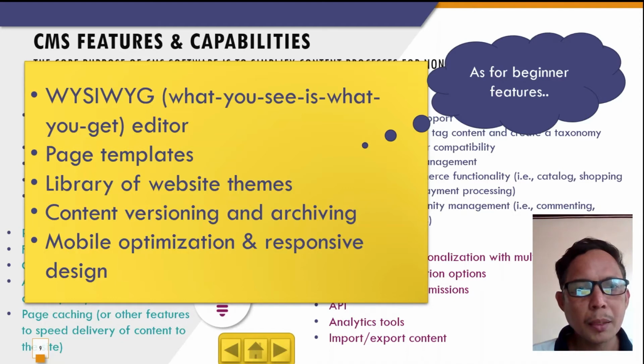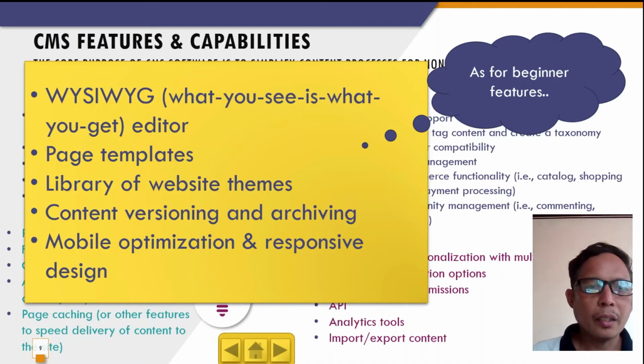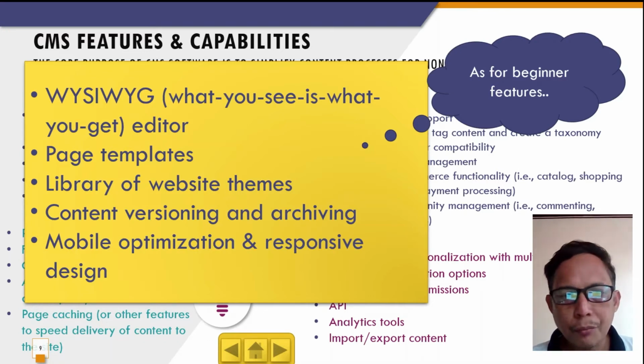Most CMS platforms have page templates available for free and for a fee. And also there is a library of website themes, content versioning and archiving, mobile optimizations, and responsive design.